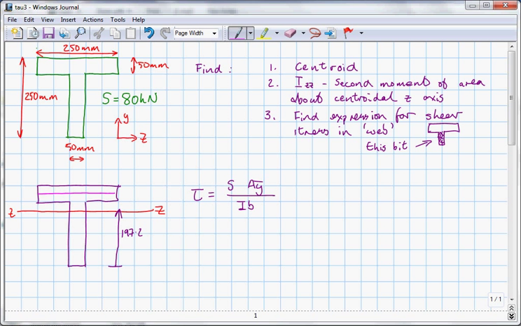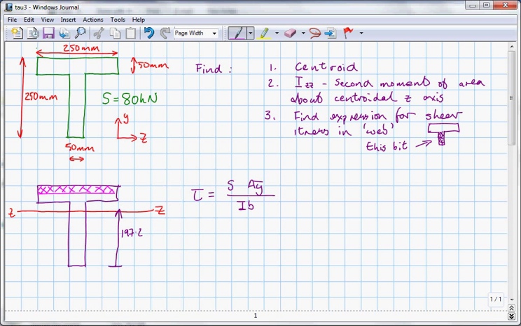Okay, and the AY bar term in the equation corresponds to the first moment of area of the shaded bit, so the area on the other side of the pink line from the red line, from the centroidal axis. Capital S is the shear force, which is 80 kilonewtons in this case.